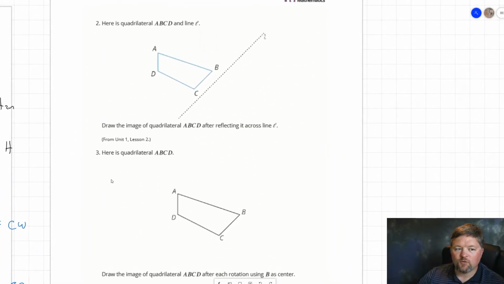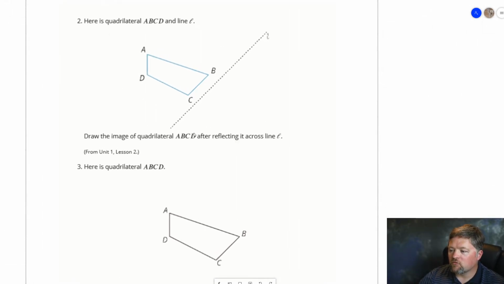What's next? Here's quadrilateral ABCD and line L. Draw the image after reflecting it across line L. So we can do this using tracing paper, trace out the figure, trace the line, and then flip it and line up the line on the upside down tracing paper, and you will get your new figure.